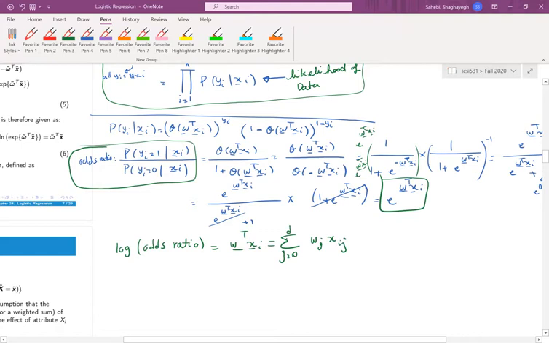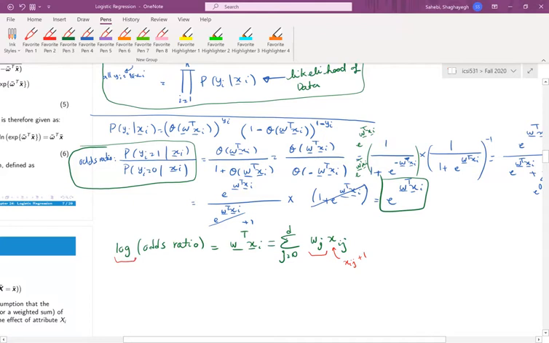So what it means is that if I change my xij by one unit, so instead of xij I have xij plus 1, the change that I see in terms of the probability of yi over the probability of 0i is going to be linear with respect to w, and that's the change that I see in terms of the log, right?